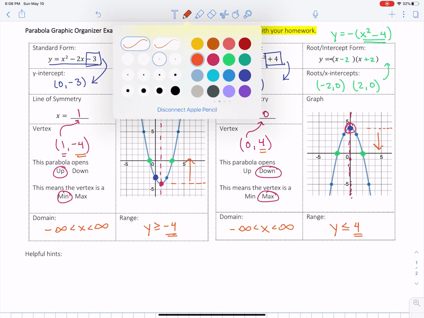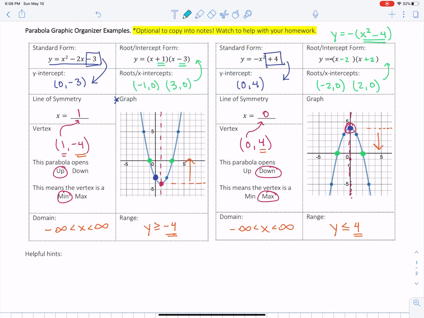So some of these helpful hints here is that you're always going to check that your vertex x value and axis of symmetry match. Always make sure that those two match.